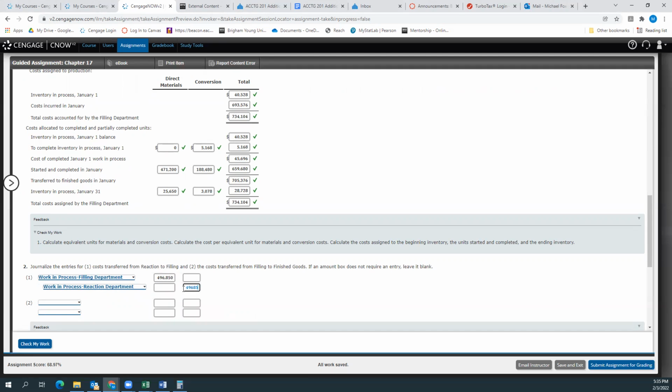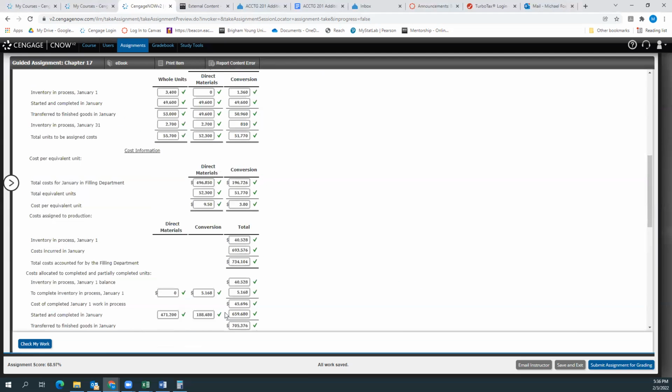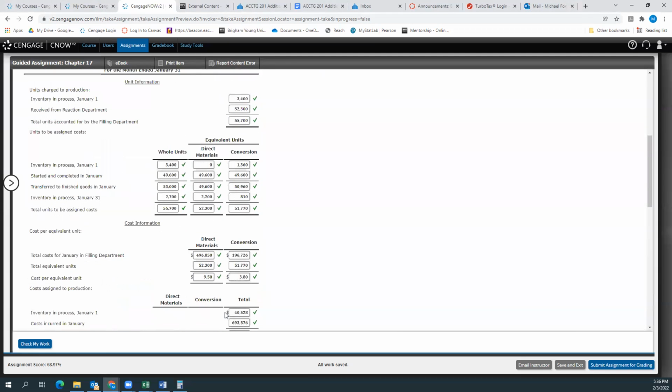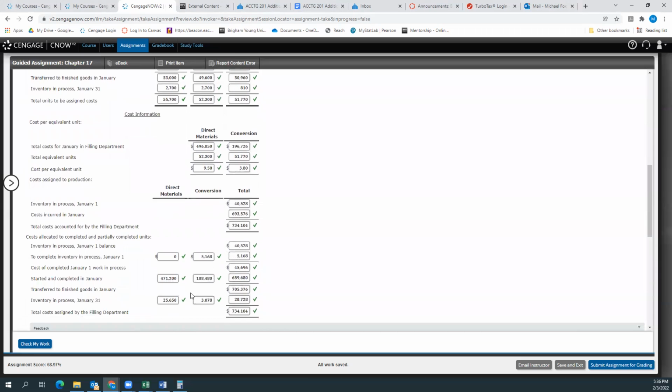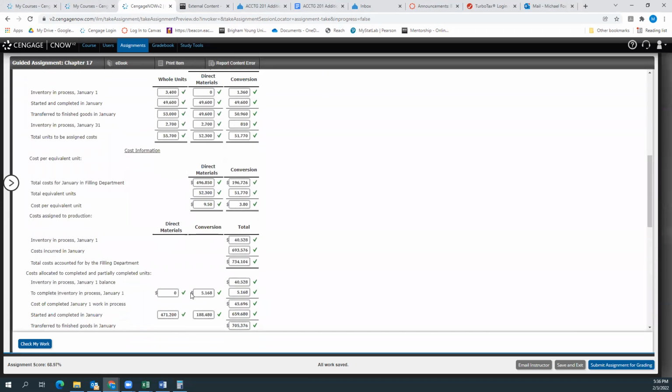There's our journal entry. And then when we finish the goods, we'll be increasing the finished goods inventory, that's an asset, and decreasing the work in process filling department asset. And again, we will know the total cost of all that right here.